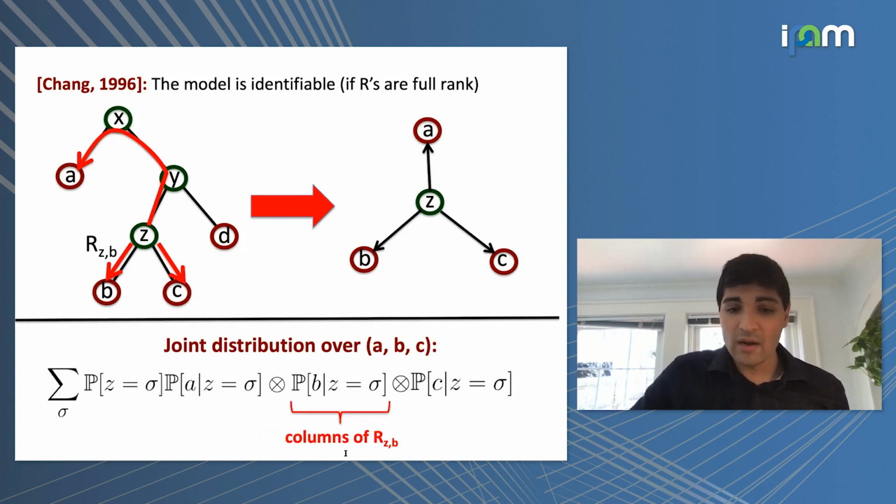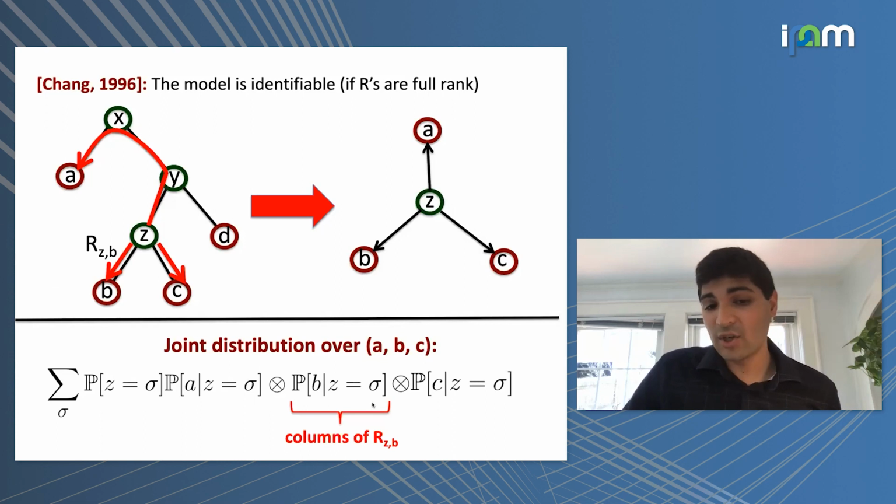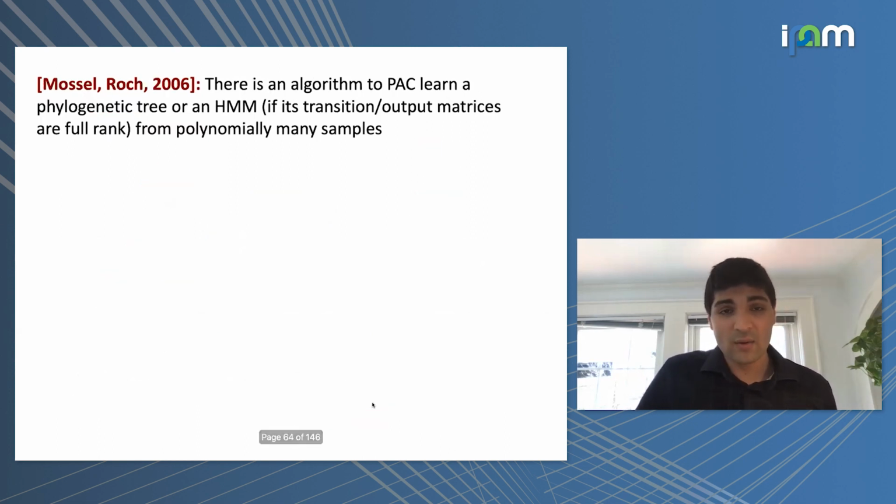And if you think about it, this conditional distribution is really just the columns of this transition matrix that I want to find. And that's exactly what Jennrich's algorithm lets me do: it lets me read off the factors, not just find any old tensor decomposition, but find it uniquely. And you can just trust me that the notion of uniqueness plays nicely here, that you can find these things in the right way.